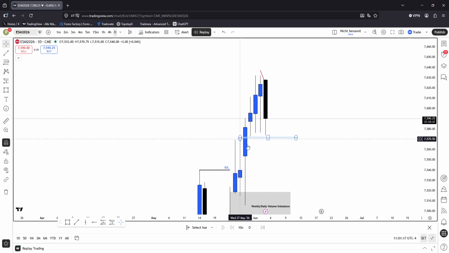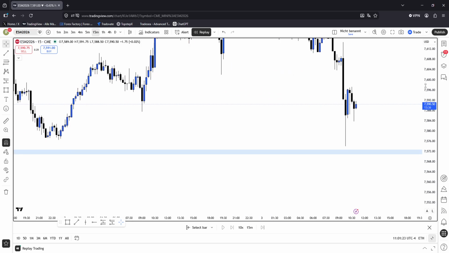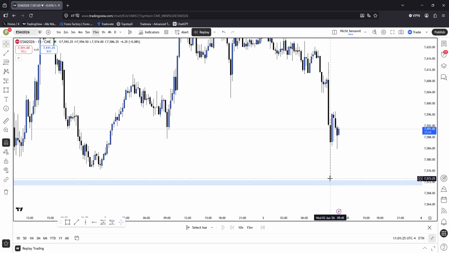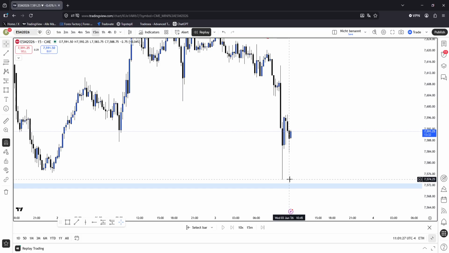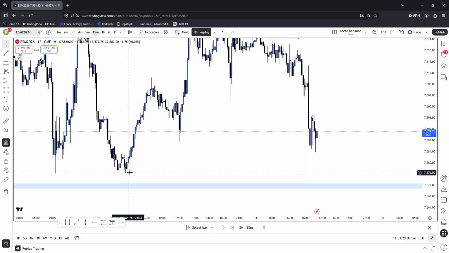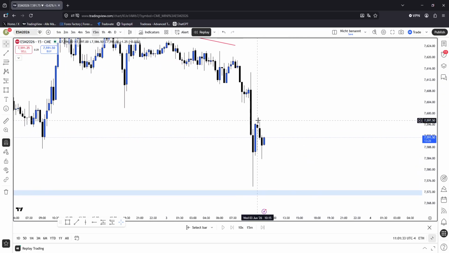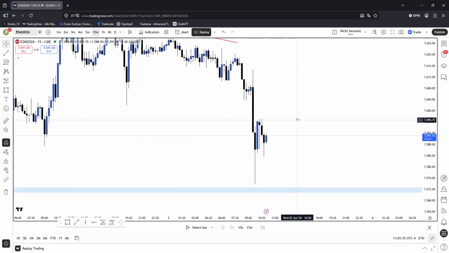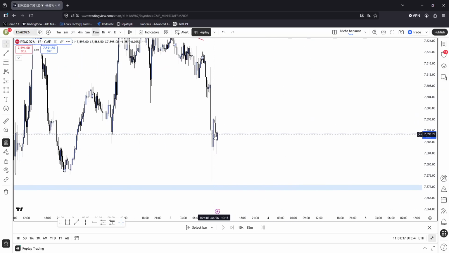My focus lay on this bullish daily FVG on ES. As we see, we formed some really nice liquidity here. We almost took it out, but retraced back up.